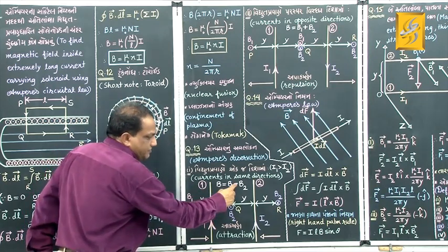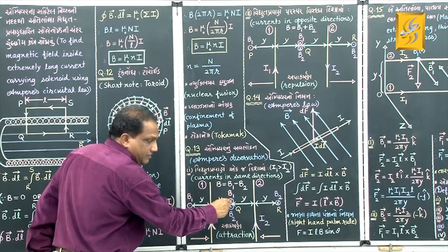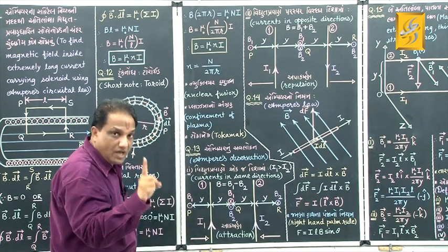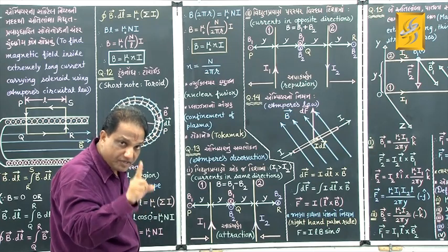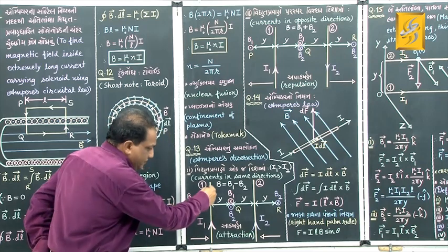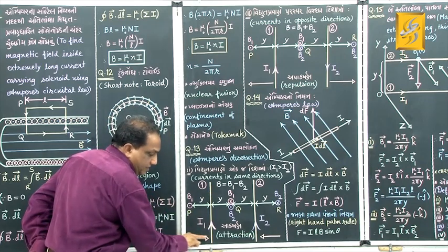Here, because of subtraction of two magnitudes, the magnetic field is weaker, and compared to that, here the magnetic field is stronger. Now, from a stronger magnetic field to a weaker magnetic field, there will be some magnetic force exerted on both the wires. On this wire, from stronger to weaker magnetic field, magnetic force is exerted this way.